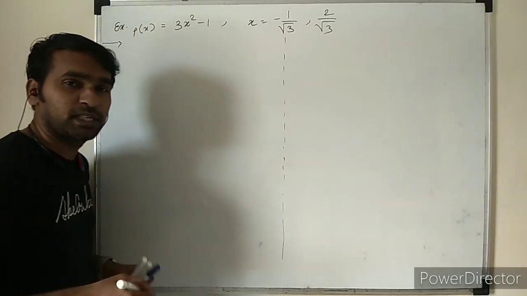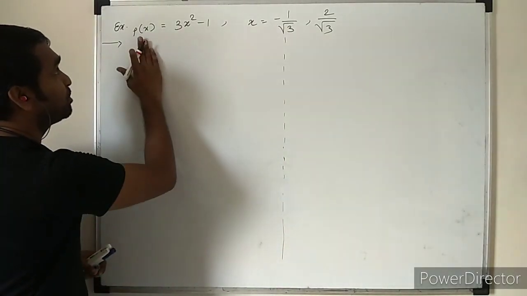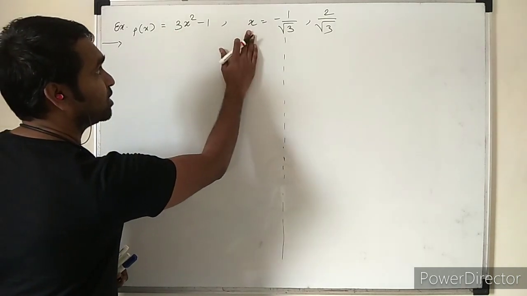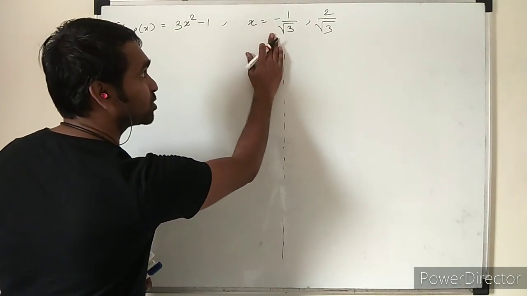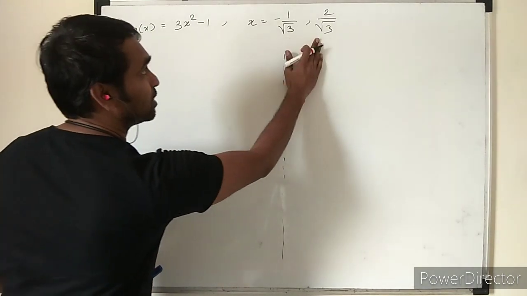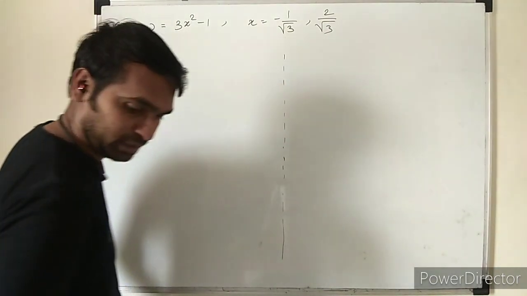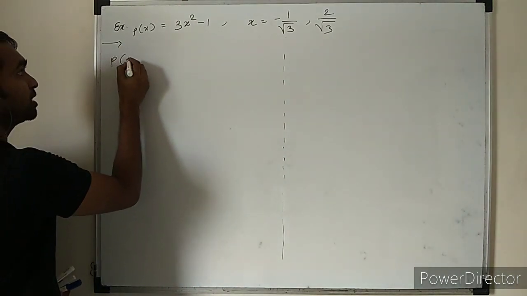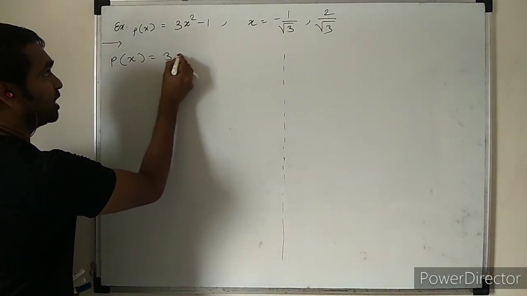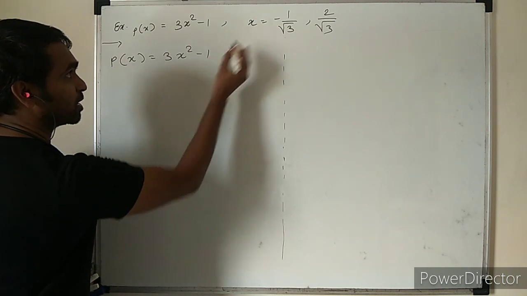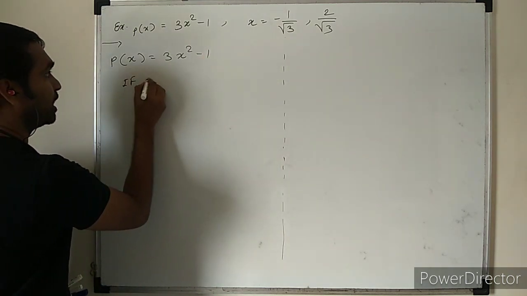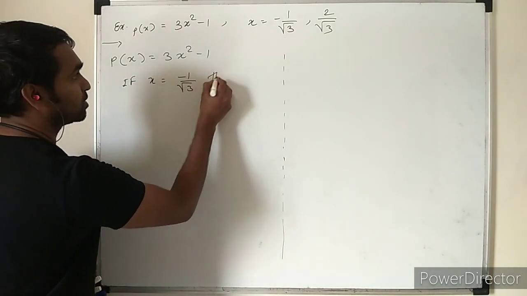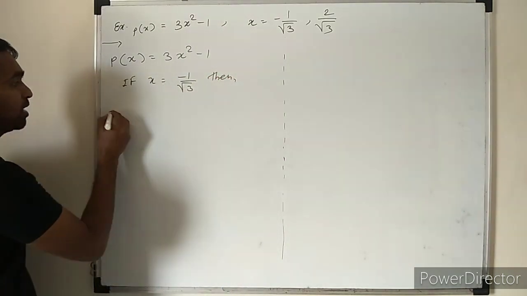Okay, now see one more example. Then P of x is equal to 3x square minus 1. Here x is equal to minus 1 upon root 3. Second, 2 upon root 3. Okay, see, first you have to write in answer P of x is equal to 3x square minus 1. Okay, first value, if x is equal to minus 1 upon root 3, then put the values.